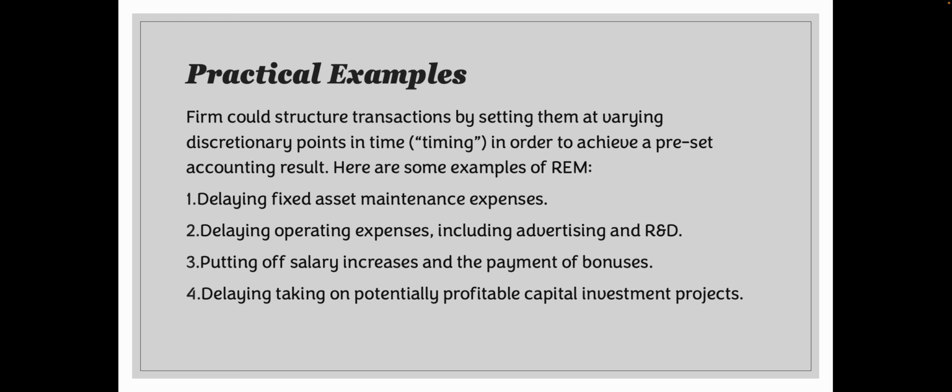So they can delay payments and put in fictional payment timelines just to manipulate. Some examples are delaying fixed asset maintenance, delaying operating expenses, putting off salary increments and payment of bonuses, and delaying taking on potentially profitable capital investment projects. This will be harmful in the long run for the organization.